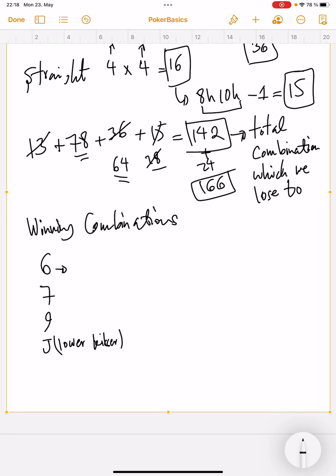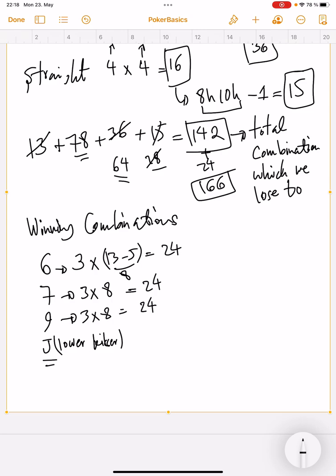So how many 6s are left in the deck? 3 of them are left, and possibilities of 2 pairs we have to take out. So this means 13 minus 5 cards which are on the board. So this will be 8. This will be 24 combinations for us. The 7s are also the same, 24. And 9s are also the same, 24. But how many jacks are available? Only 2 of them are available. And we need to take all of the board cards, so this means 13 minus 5.